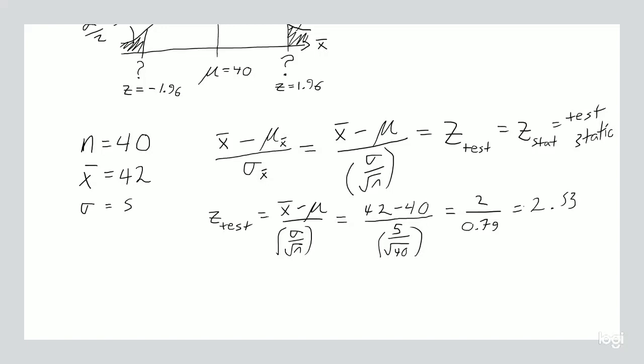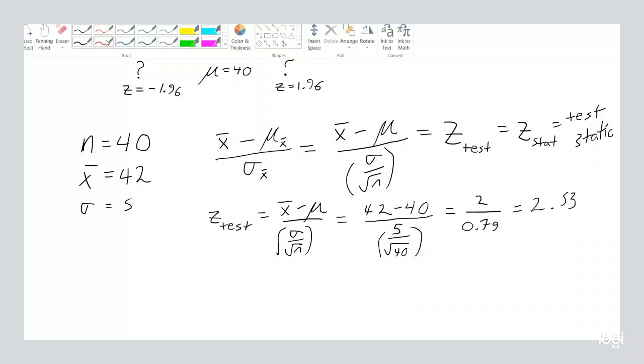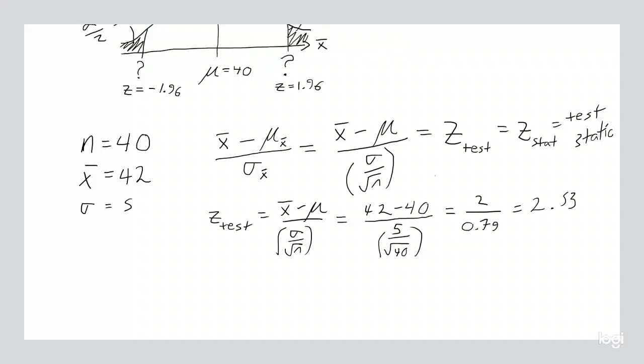Okay? So 2.53 on the Z scale is going to be somewhere over here. Right? That's our test statistic. 2.53. It is bigger than our critical value, and that's what the cutoff is called, the critical value of 1.96.